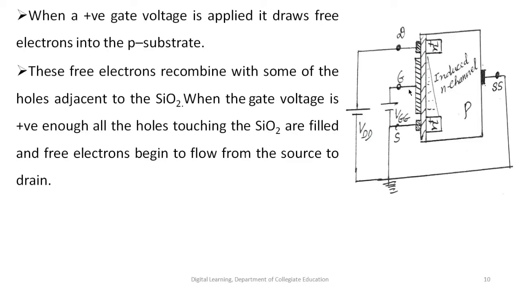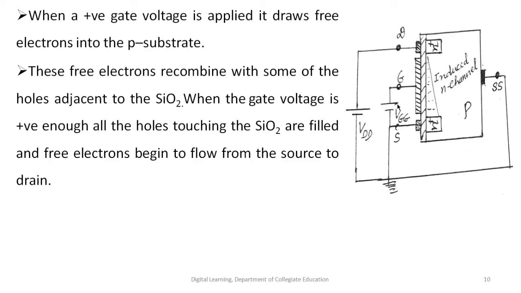So the free electrons recombine on the other side of the silicon dioxide layer when the gate voltage is positive. If the gate voltage is positive enough, all the holes touching the silicon dioxide layer are filled and the free electrons begin to flow from source to drain.